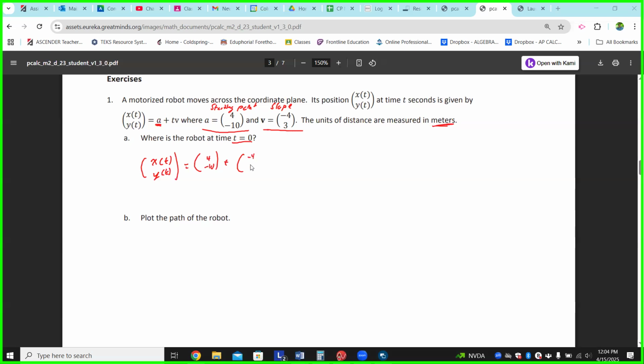Negative 4 and 3, so that's my v. And then my t, it told me t equals 0, so it's going to be times 0. Before I do any math, questions? Yes, so this is my a plus my v and my t. I just literally plugged in everything it gave me. So we're good?